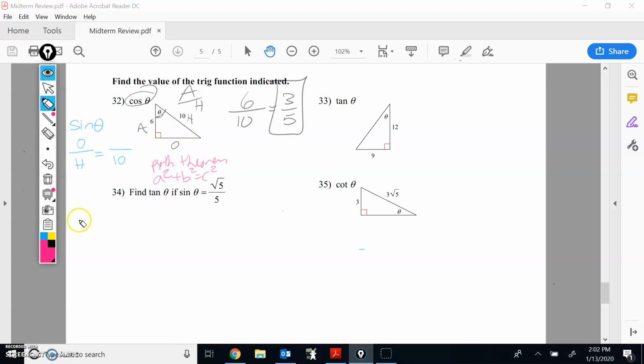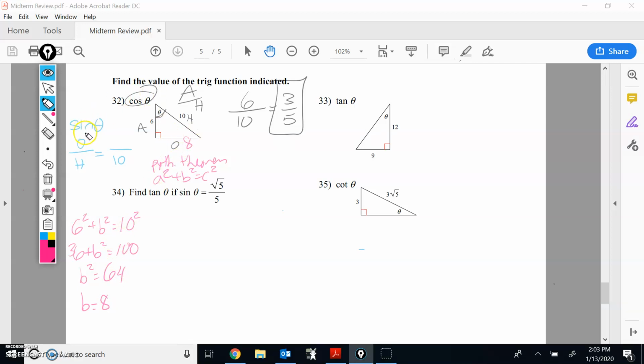So if we did that, it would be 6 squared plus b squared equals c squared. That's the 10. Remember, the c is always hypotenuse. So 36 plus b squared equals 100. B squared would equal 64. So b would equal 8. Here's our b.